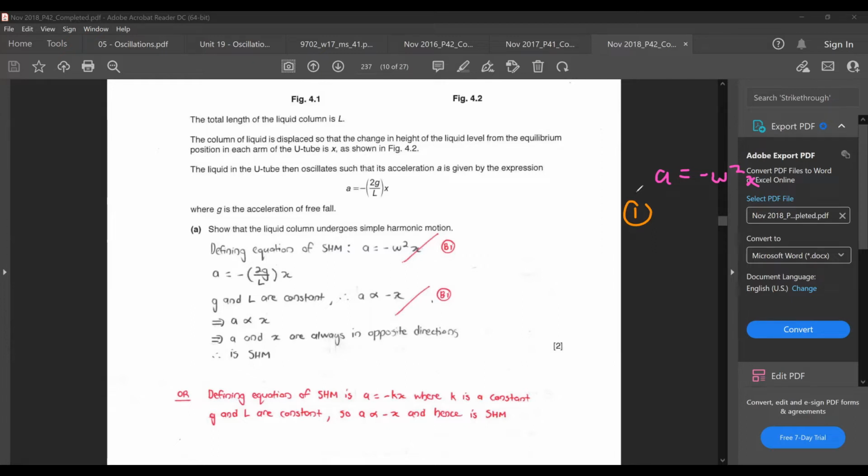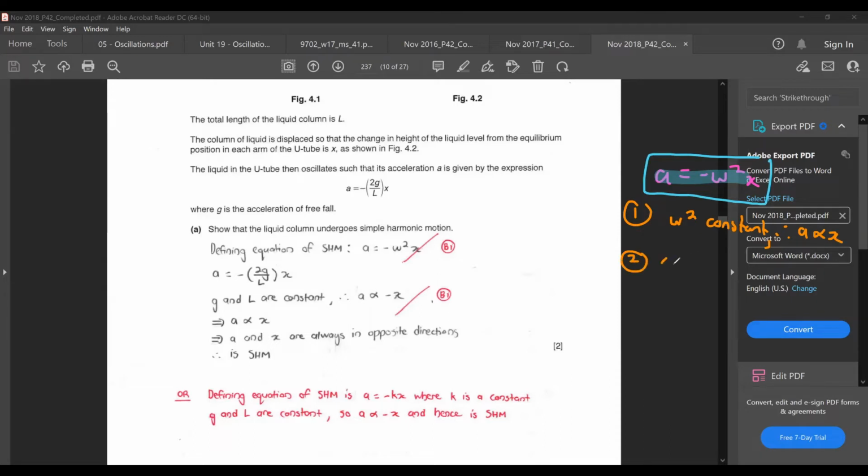Now, when it comes to proving something is simple harmonic motion, you can also prove it from an equation. Say I give you a simple equation like this. How do I see this and say that it is following simple harmonic motion? You can say something like this. If omega square is constant, therefore a is directly proportional to x.